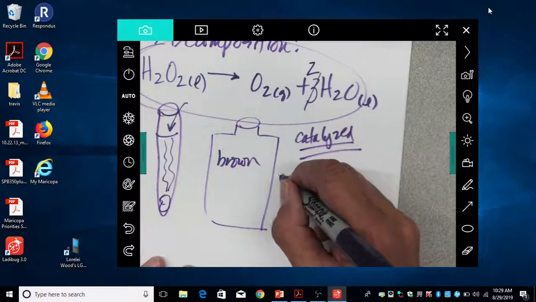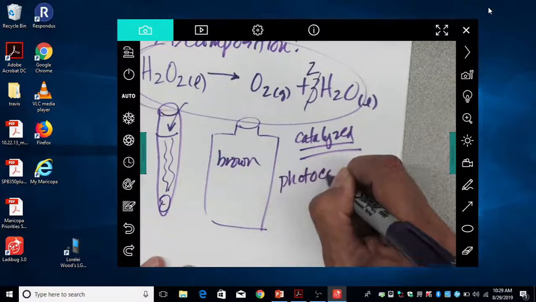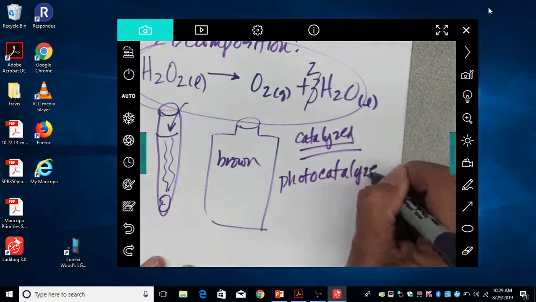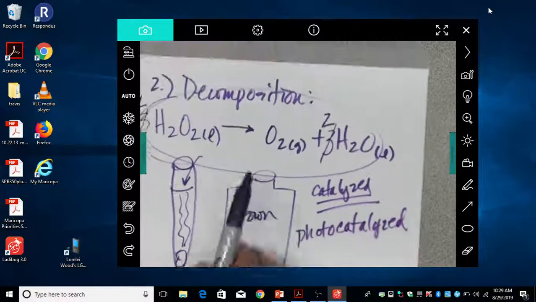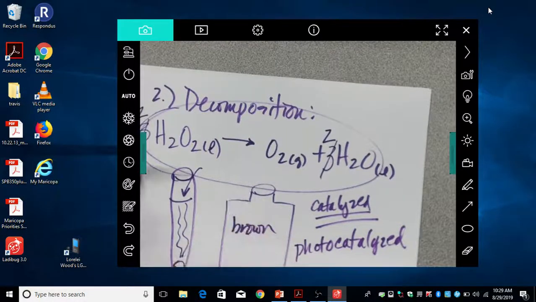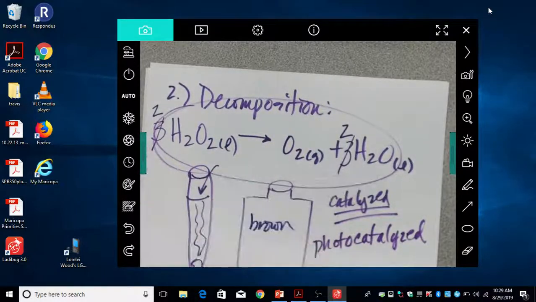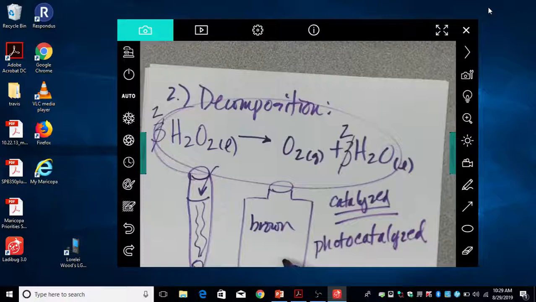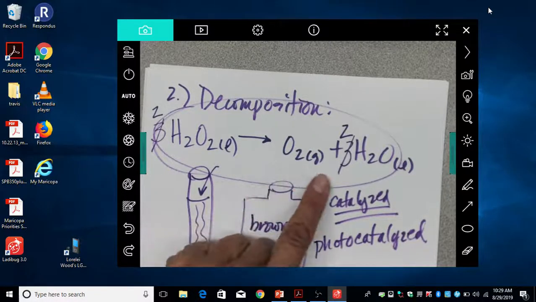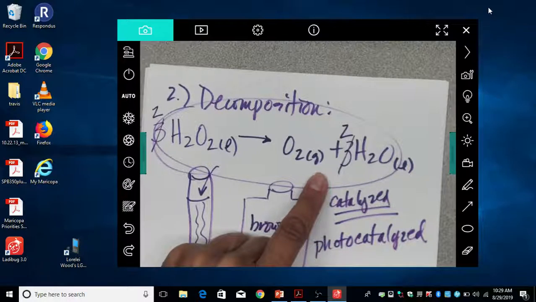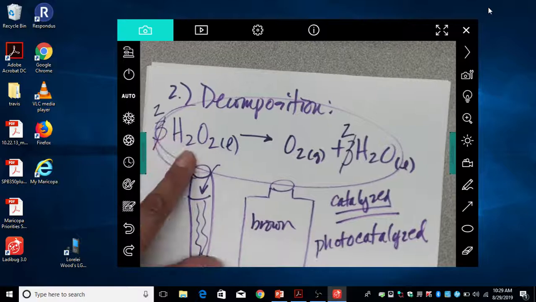These are what we call photocatalyzed, which means light will help catalyze this particular reaction, meaning make it go more in that direction, make it go to oxygen and water. So if they didn't have brown bottles, if they just had the clear bottles like they have for isopropyl alcohol or something like that, what would you be getting a bottle of? Some bubbly water, right? You don't want a bottle of bubbly water, right? You want a bottle of hydrogen peroxide, so that's why they put it in the brown bottles.